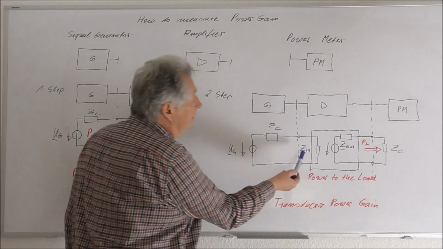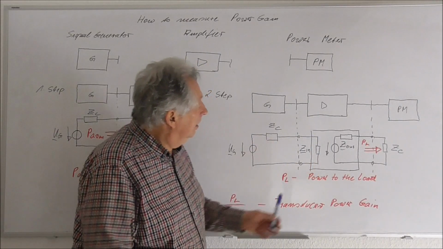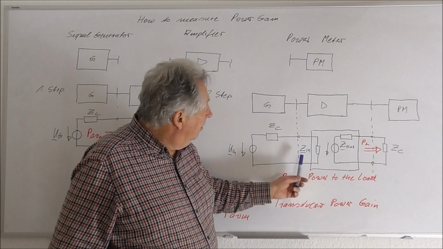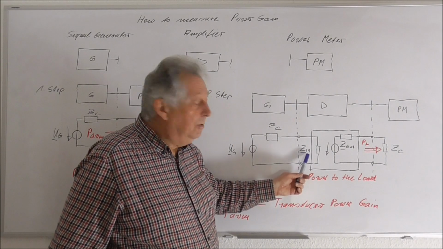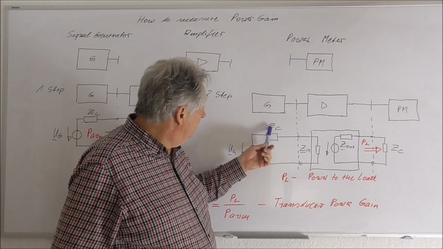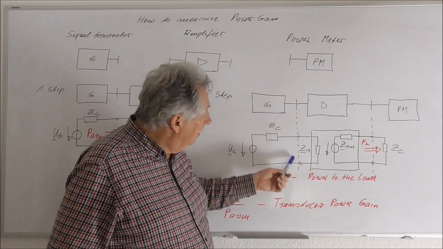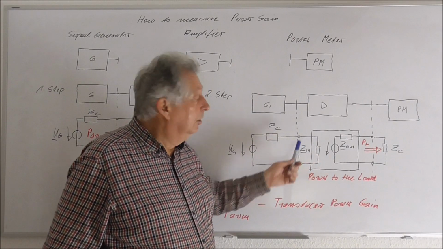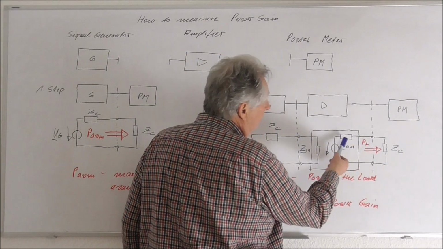But in the general case, the input impedance of our amplifier will have a complex value and will not be identical to the characteristic impedance. So we will have a mismatch at the input.